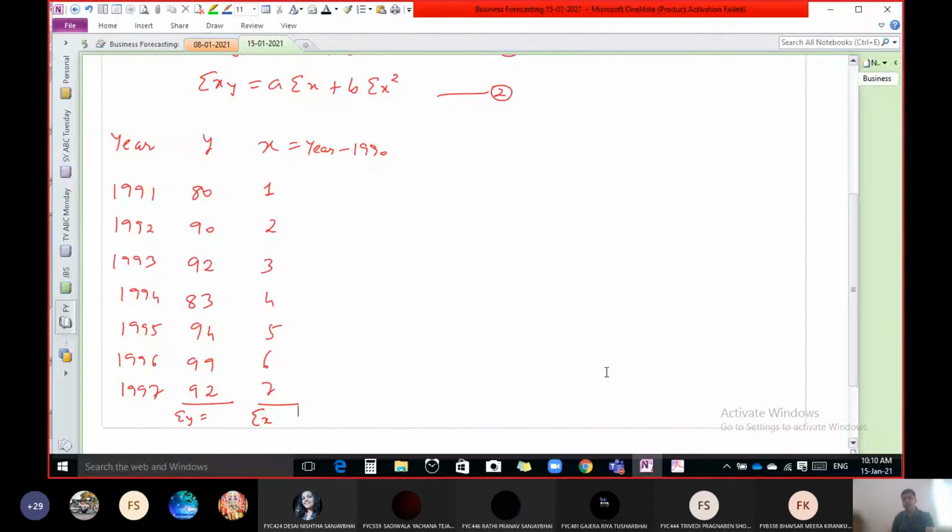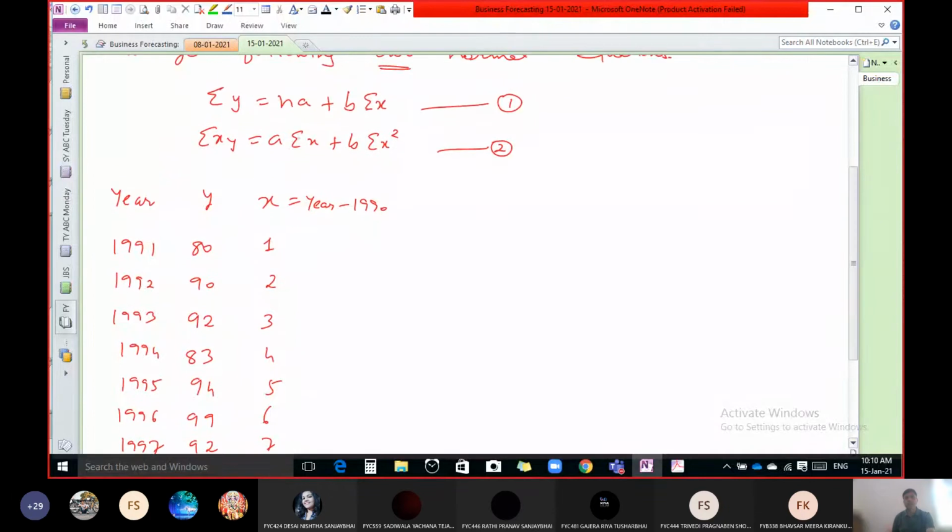If we substitute all values in the equation, then we get two simultaneous equations. Solving those two simultaneous equations, we are able to get the values of a and b.